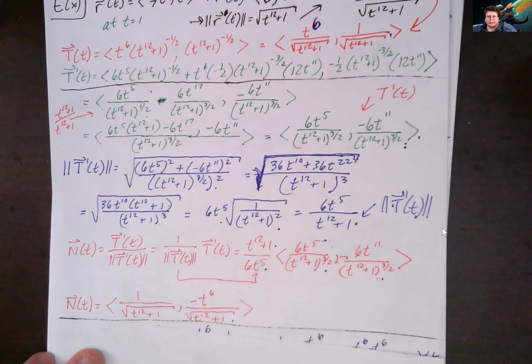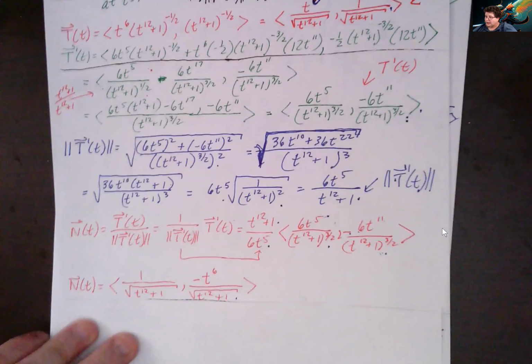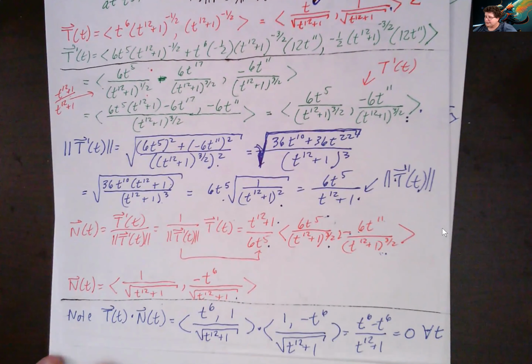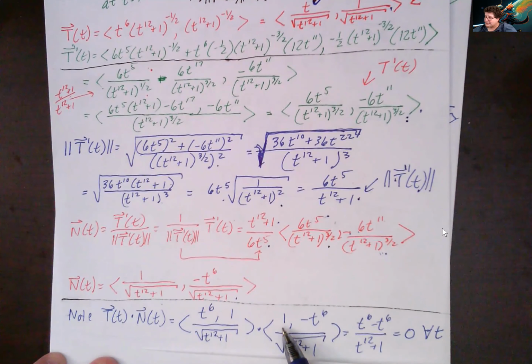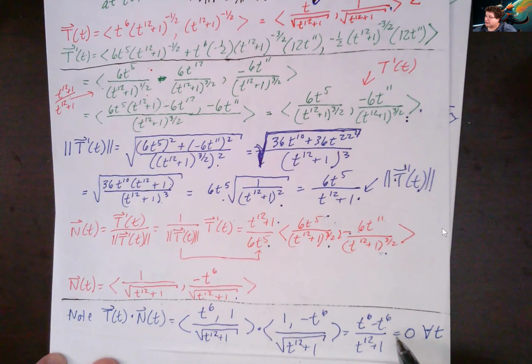I can show that the dot product equals 0 for all t. Just multiplying those two together. We get t to the 6 times 1 is t to the 6 minus 1 times t to the 6. So t to the 6 minus t to the 6 is 0 on top. Doesn't matter what we have on bottom, the top is 0.